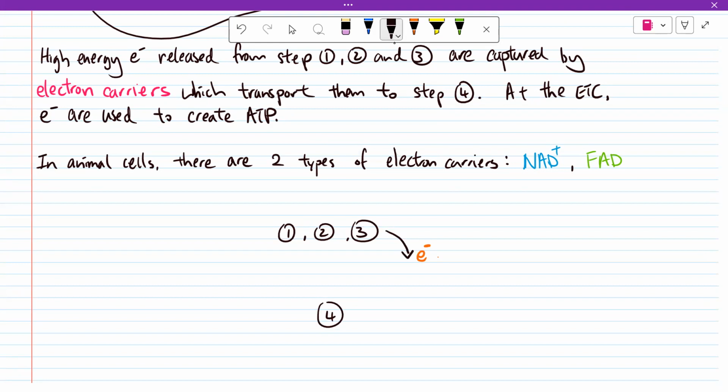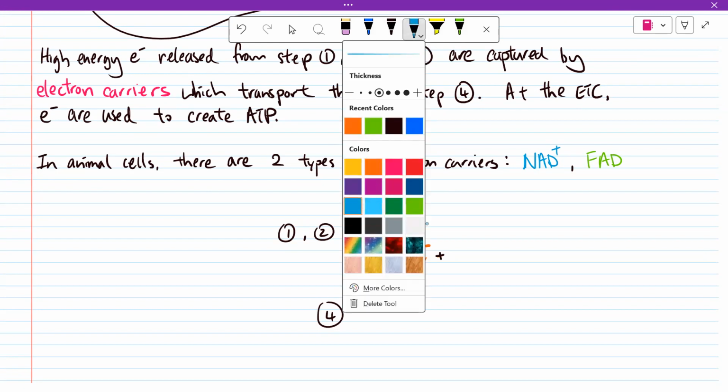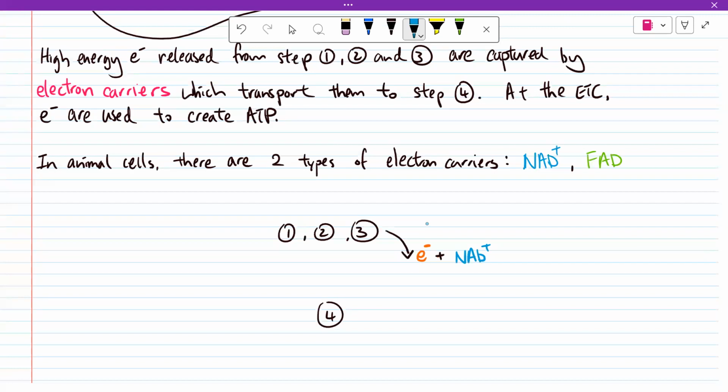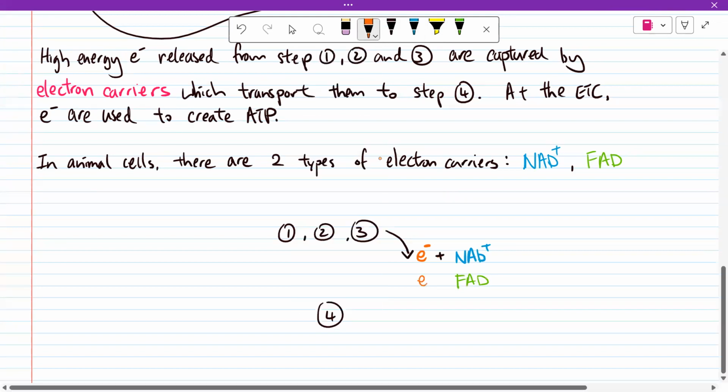Then the high energy electron is going to combine with NAD plus, as well as FAD.